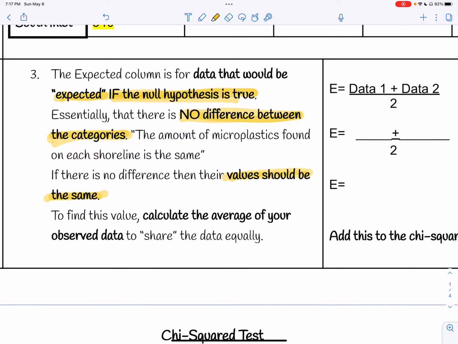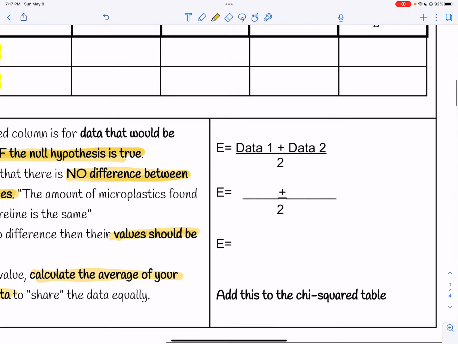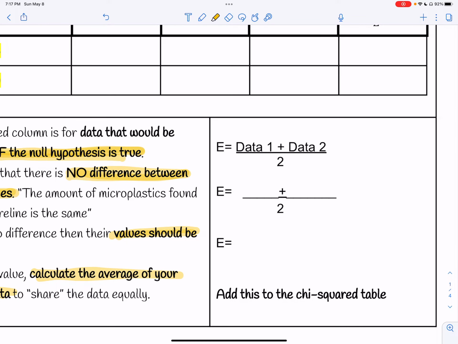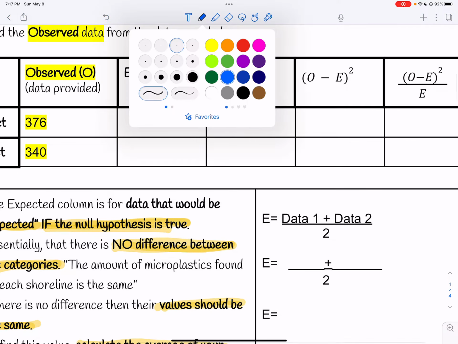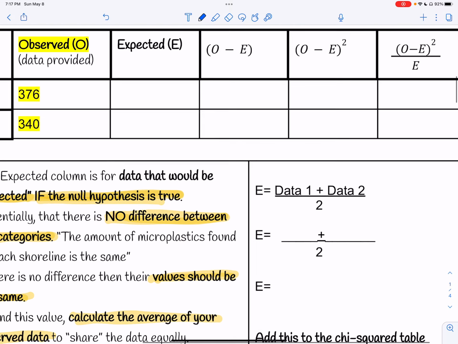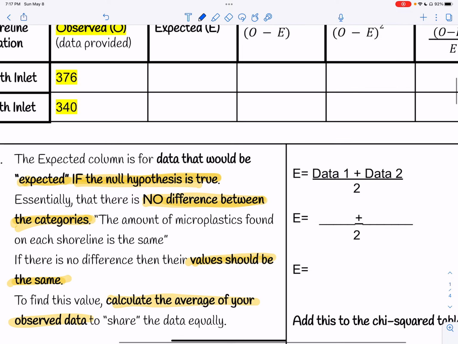Okay, so to find this value, we're going to calculate the average of your observed data to essentially share them equally. So data 1 plus data 2 divided by 2. The data we have is North Inlet, which is our first set of data, 376, and the second one is 340, divided by 2.